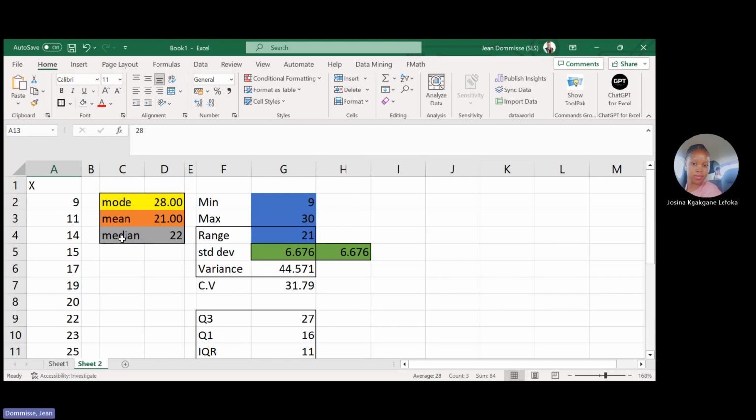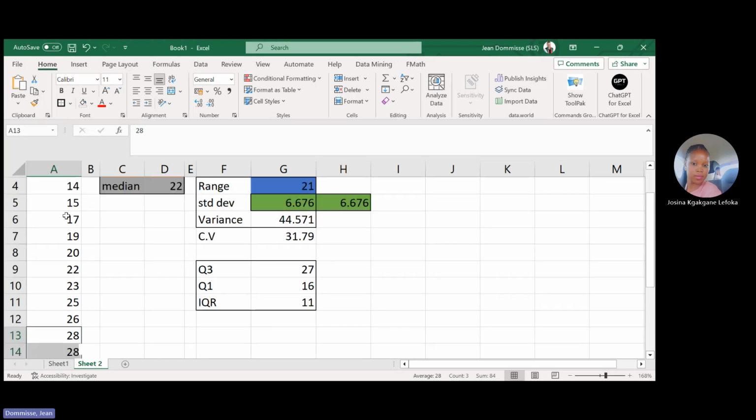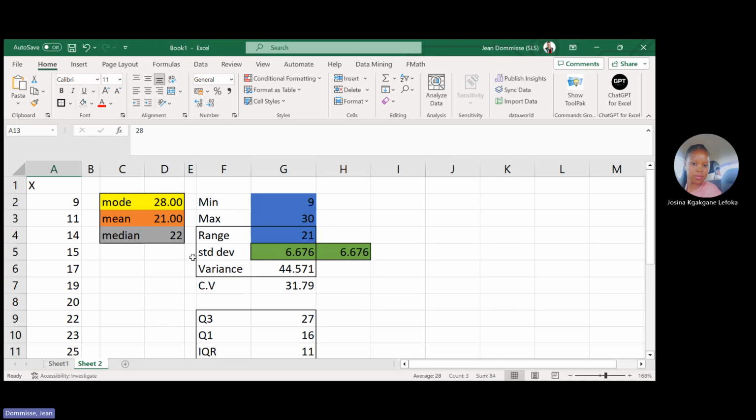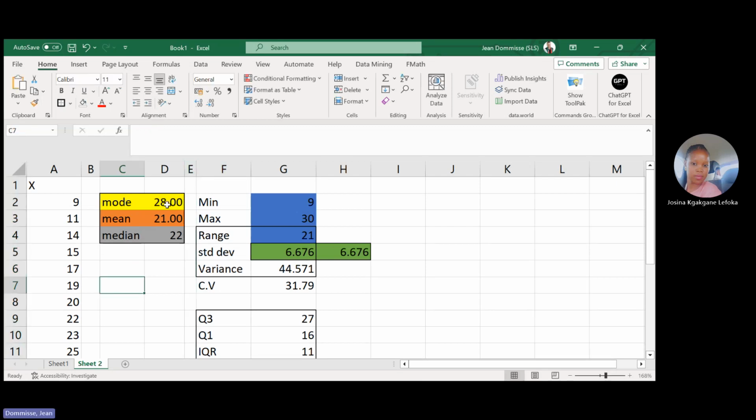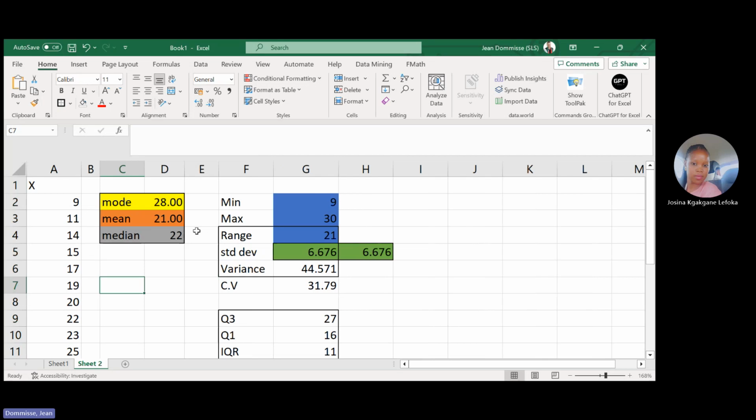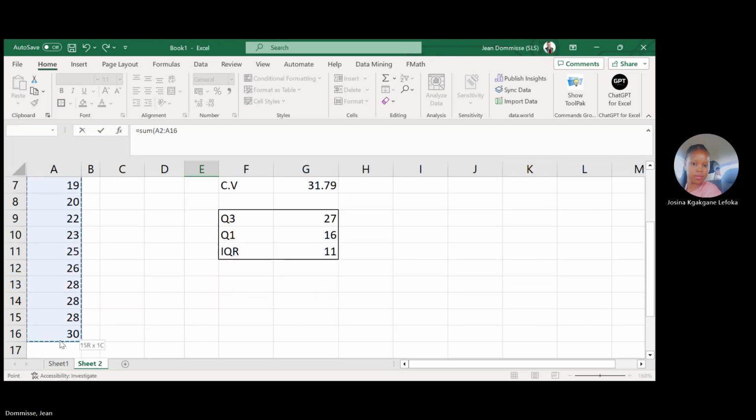The mean is 21. We could have tested that by adding it in here so that we have that formula, just so that it is there every time.